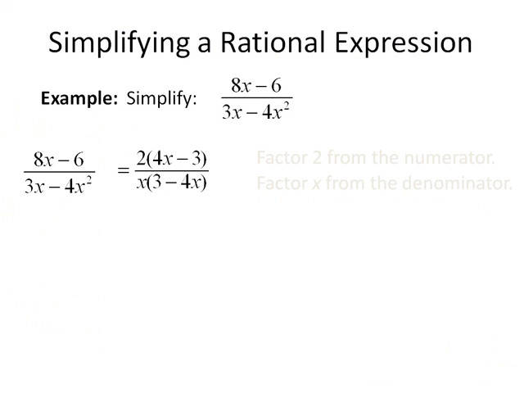So you can divide either 4x minus 3, or 3 minus 4x, but then they are going to have a negative 1 factor. Say that you factor negative 1 from the numerator.